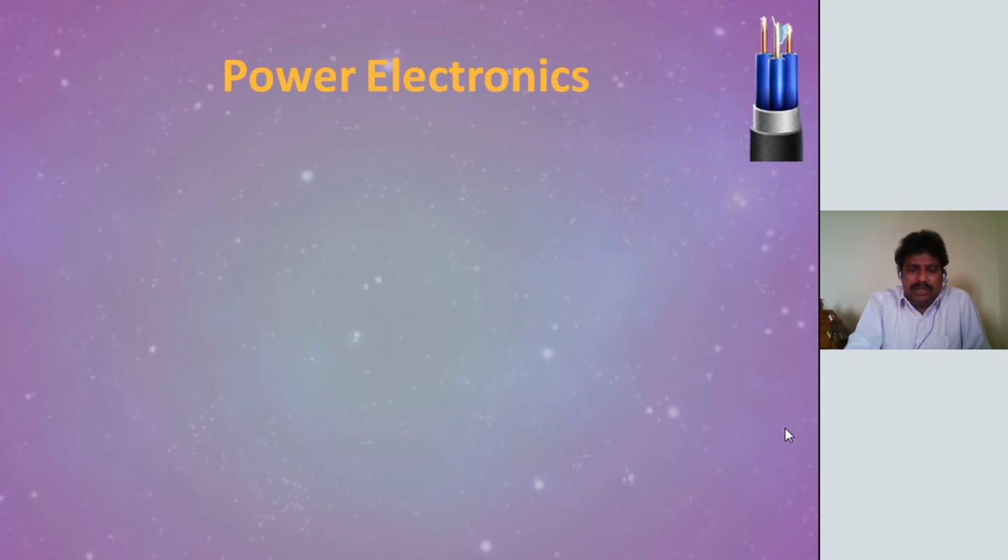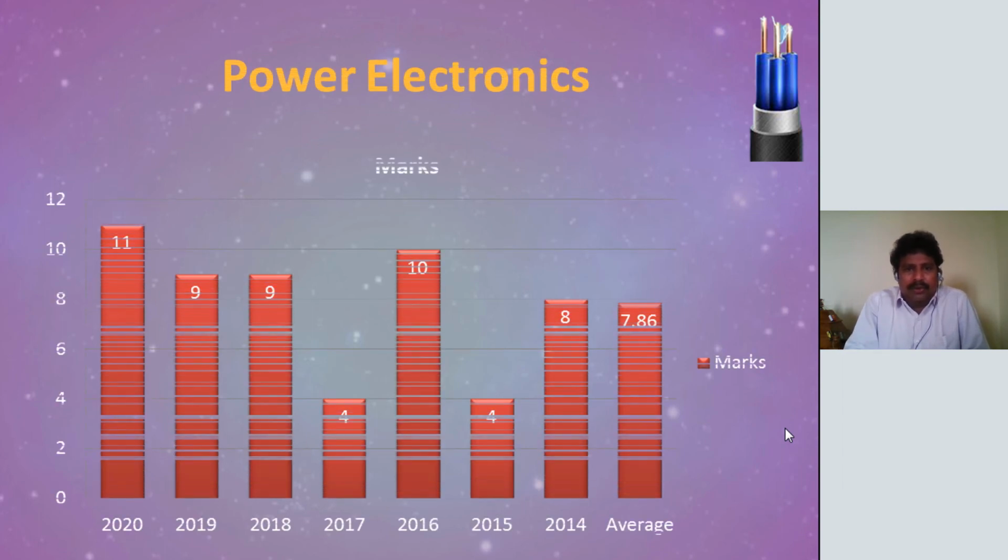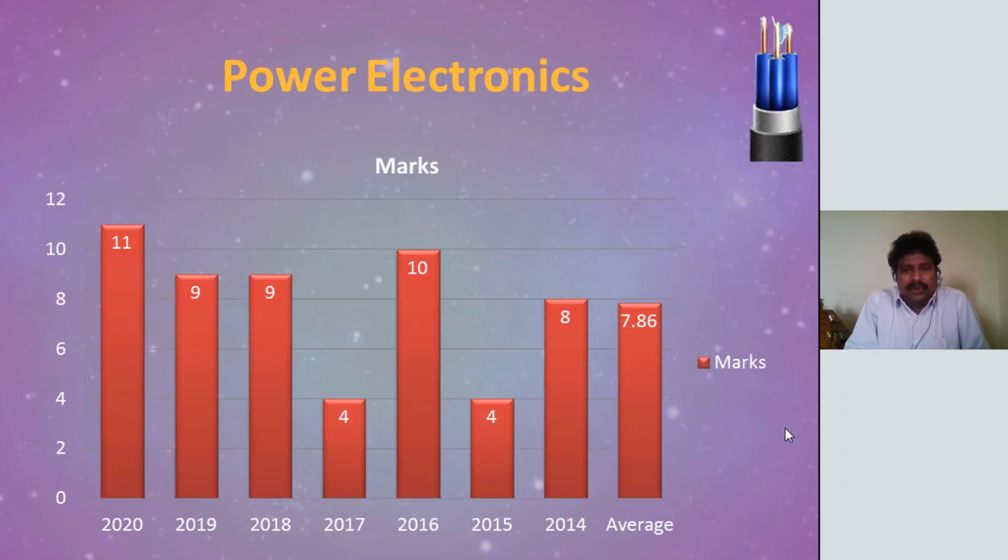The next important subject is power electronics. This power electronics subject is gaining its importance right from 2014 to 2020. Except in 2015 and 17, every time power electronics would be asked. Questions from this power electronics carry a minimum of 8 marks and a maximum of 11 marks.